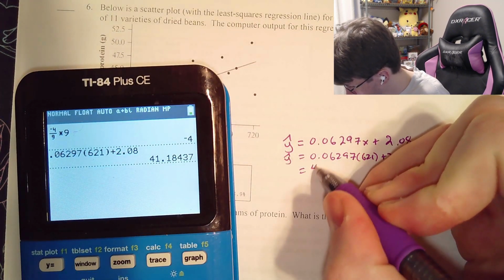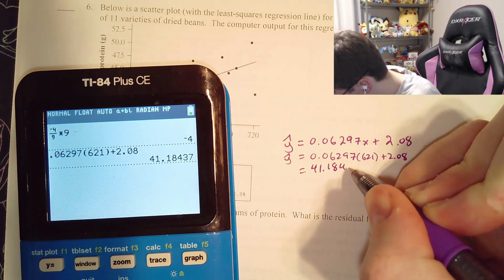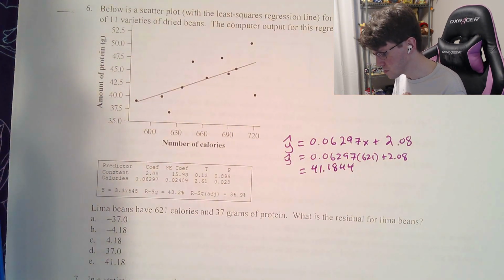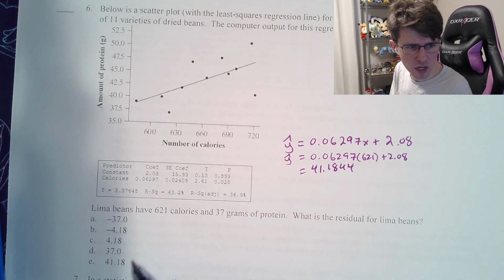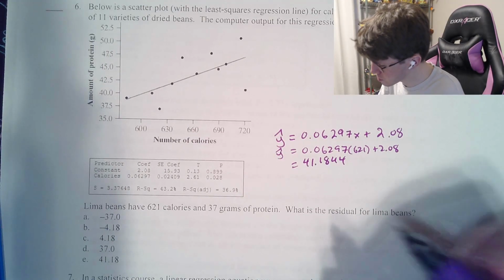This appears to be 41.184, and we'll round to 4 decimal places, always in this class. Here though, don't write down the answer right away. It looks like, oh, there's the answer, we're done. No, residual is actual minus predicted.